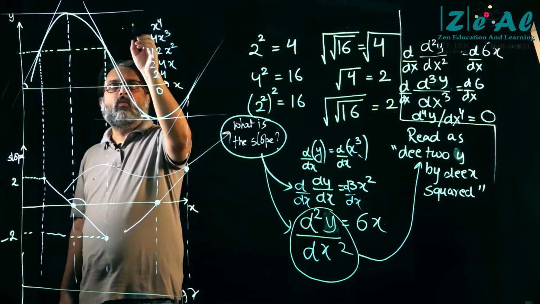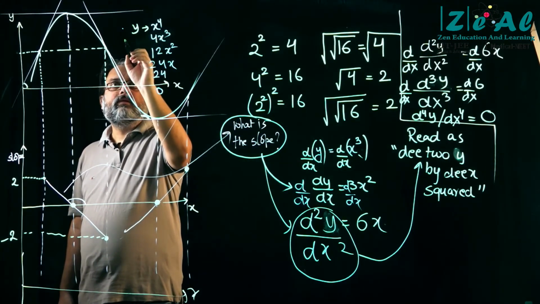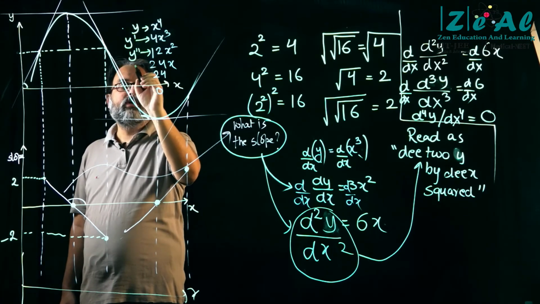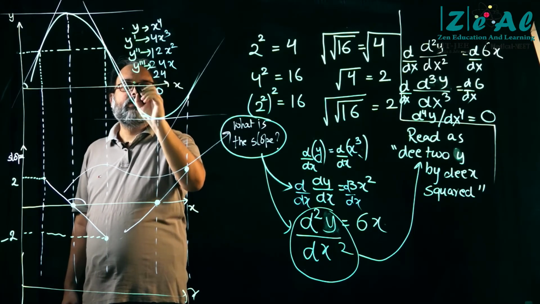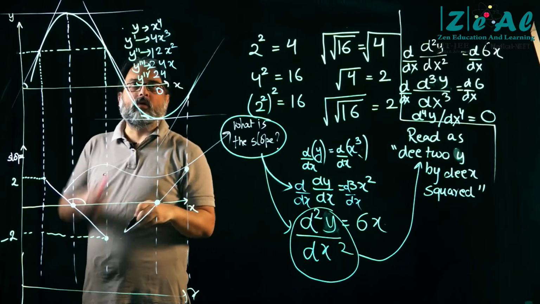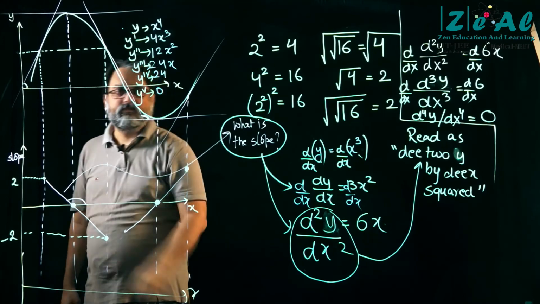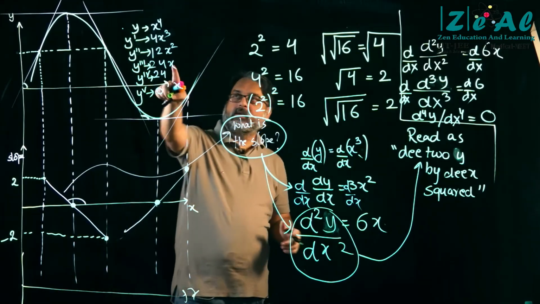So this is y, this is y dash, this is y double dash, this is y triple dash, and now we come to the Roman numerals. ये y4 हो गया और ये y5 हो गया. I hope ये clear है.